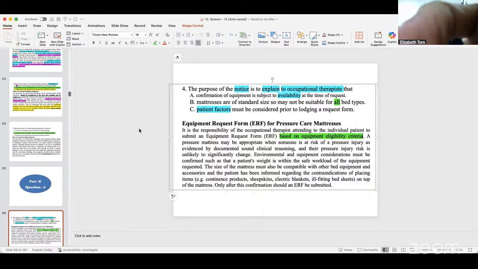Environmental and equipment considerations must be confirmed, such as that the patient's weight is within the safe workload of the equipment requested. The size of the mattress must also be compatible with the other bed equipment and accessories, and the patient has been informed regarding the contraindications of placing items, for example, continence products and sheepskins, on top of the mattresses. Only after this confirmation should an ERF be submitted.